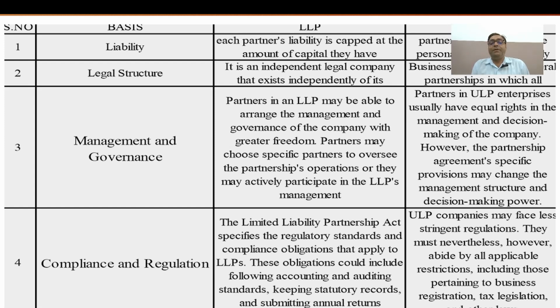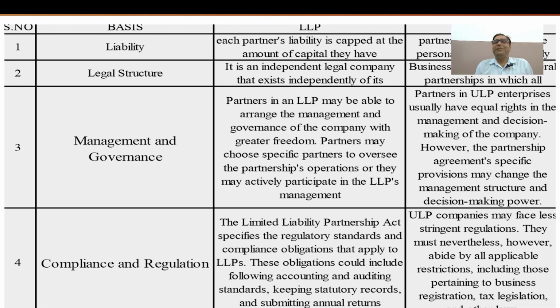And in compliance and regulation, the Limited Liability Partnership Act imposes standard compliance obligations that apply to LLP: accounting, auditing standards, keeping statutory records, etc. ULP firms face less stringent legal regulations. They must nevertheless comply with business registration, tax legislation, and laws.